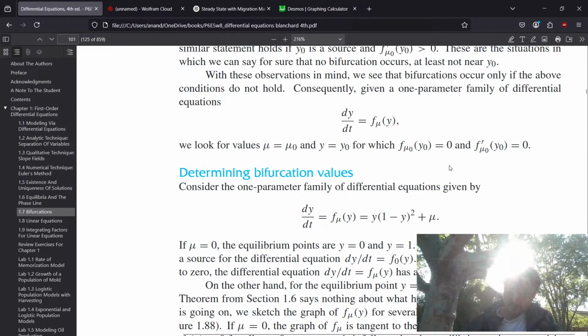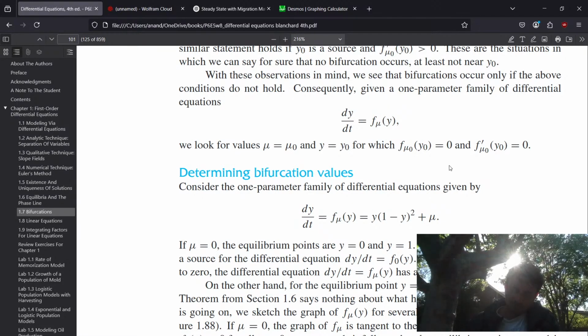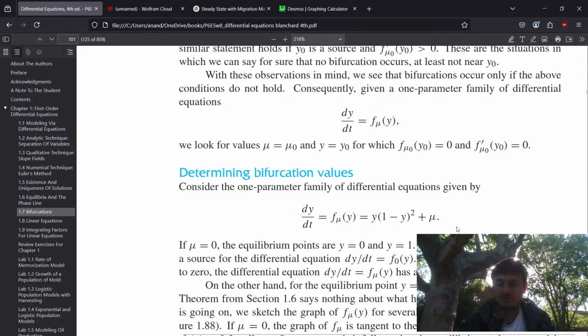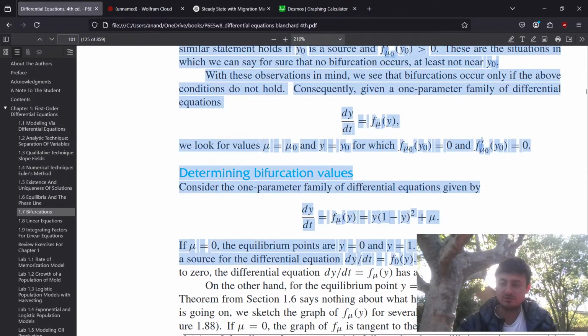If you take the partial of that with respect to y, we're going to get 1 minus 4y plus 3y squared. And so they evaluated that point at 0, and they got 1.